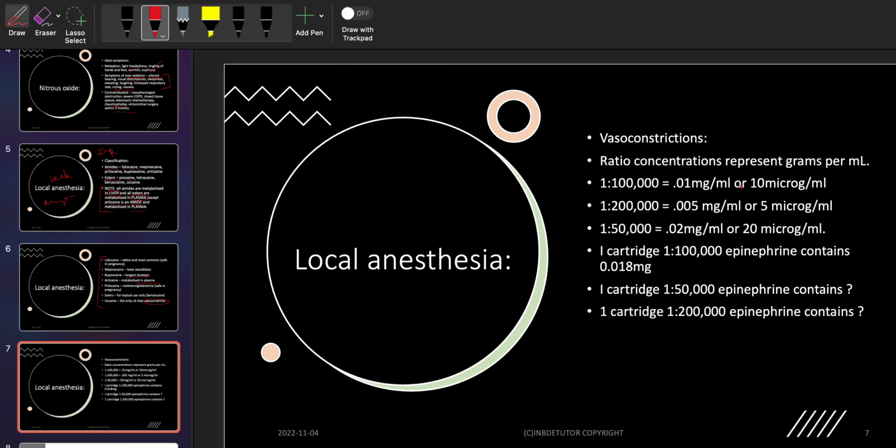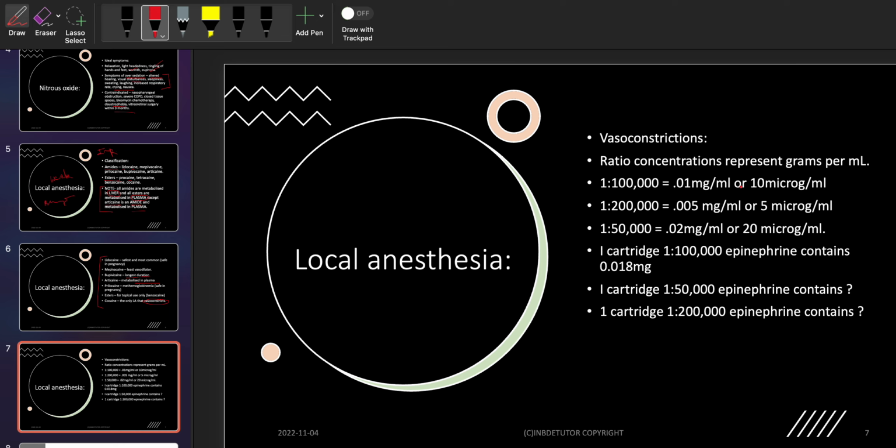These are the main things that the LA cartridge contains. In the previous ones, they used to have methylparaben as well, which is a bacteriostatic, but it is no longer used today. So the only things that come in a cartridge are the local anesthetic, vasoconstrictor, metabisulfite, which is an antioxidant for the vasoconstrictor, sodium chloride, and sterile water.